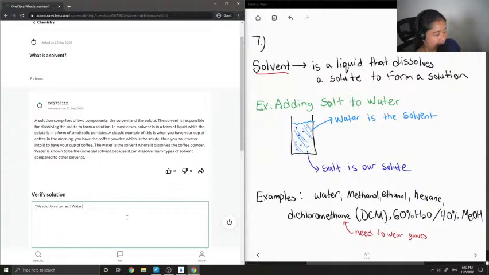I'll add a footnote. Water is a common solvent, but it is not able to dissolve, let's say, non-polar solutes.